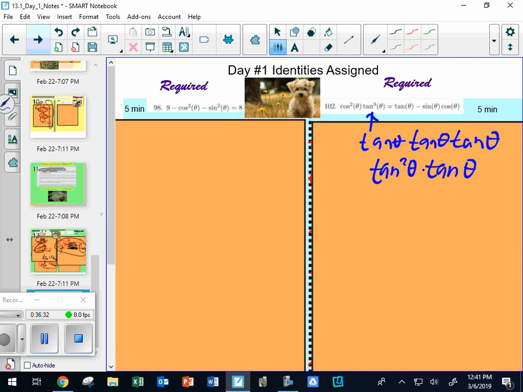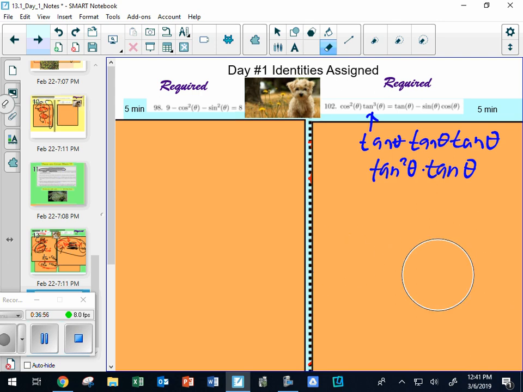And by the way, all of these reciprocals, like tangent is 1 over cotangent, work if they're all squared too. If it's a reciprocal and it's squared, it's still the same sister function, still a reciprocal of the other one squared. So you can square all of those reciprocal identities.